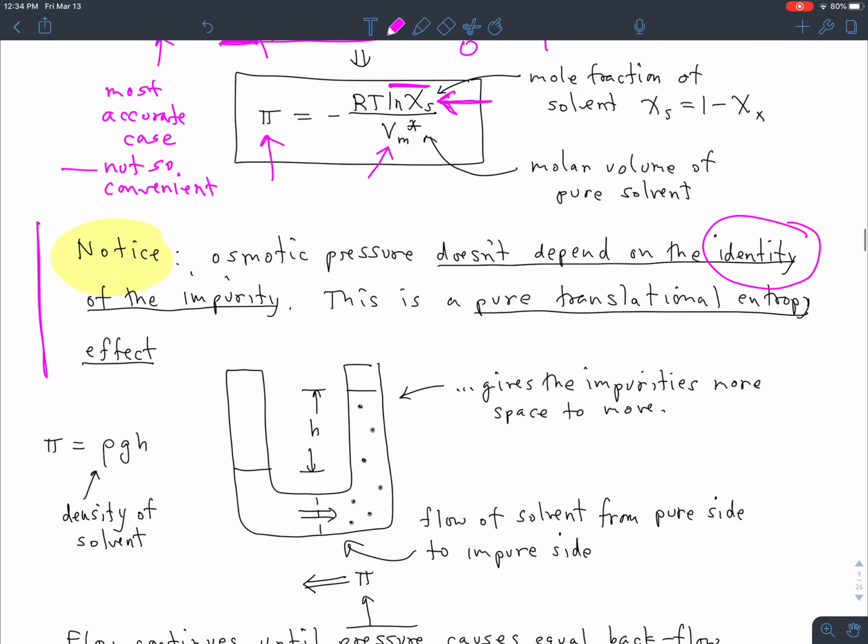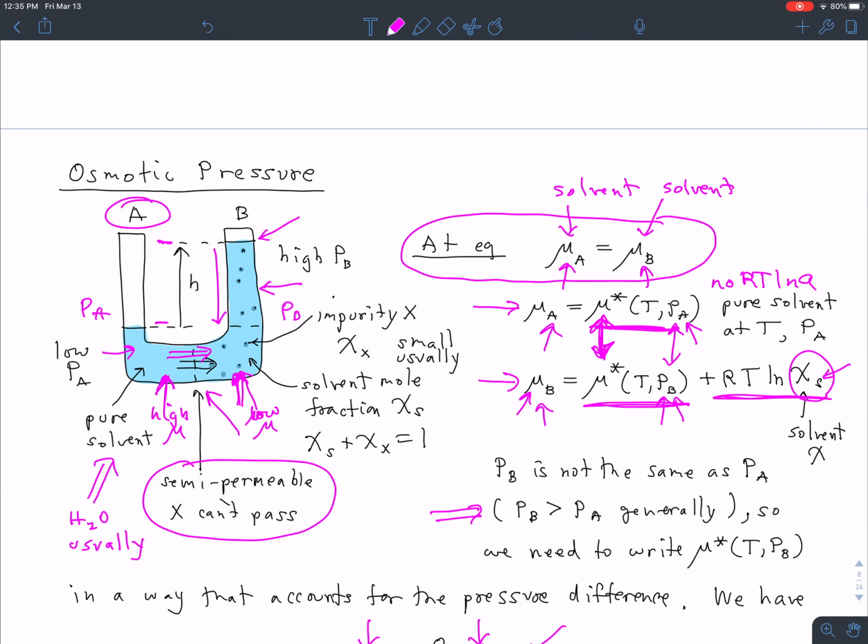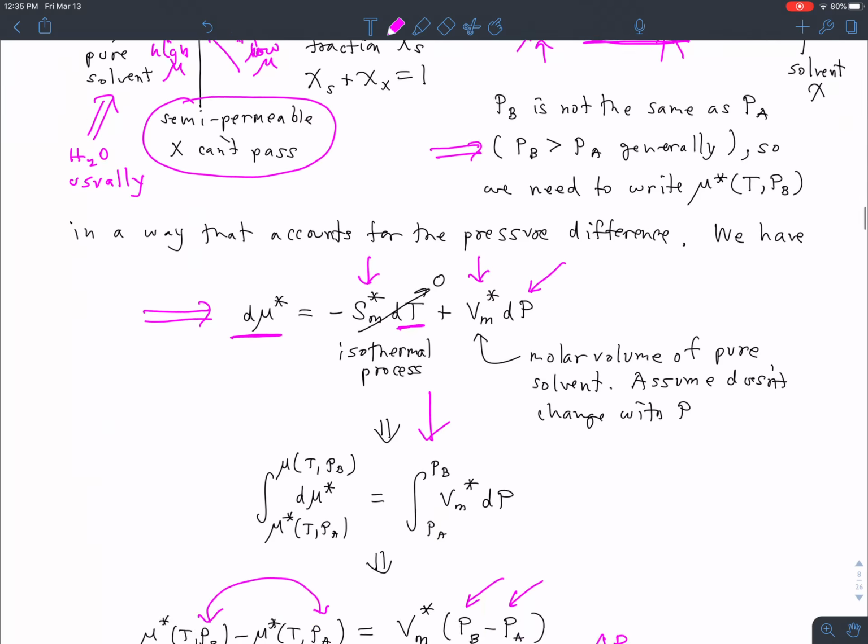And so the osmotic pressure effect, the fact that there is a pressure difference between the two sides, is purely due to the translational entropy that's available to the impurity, to the solute, and due to the fact that when solvent transfers from the pure side over to the impure side, we're giving more volume for that impurity to run around in, more translational entropy than it would have had beforehand.